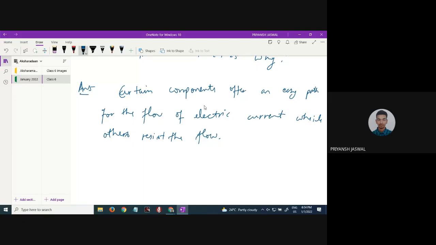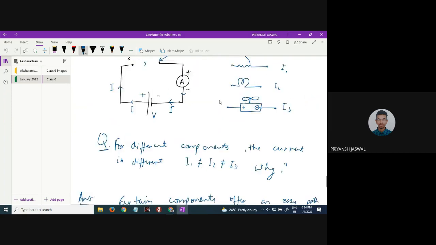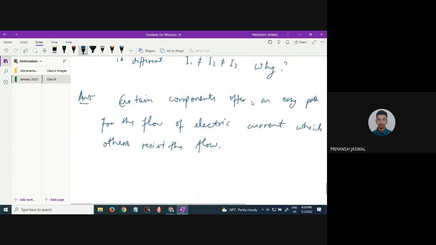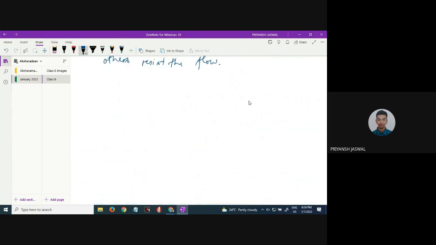Some components allow the current to pass easily, and some components won't allow it to pass easily. Depending upon how they allow the current to pass, the electric current in the circuit will be different and not the same for the components. So let's look at why this is so.